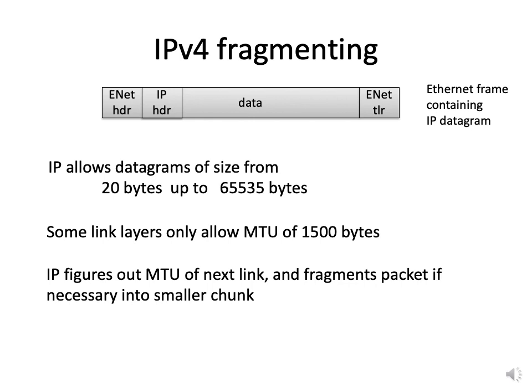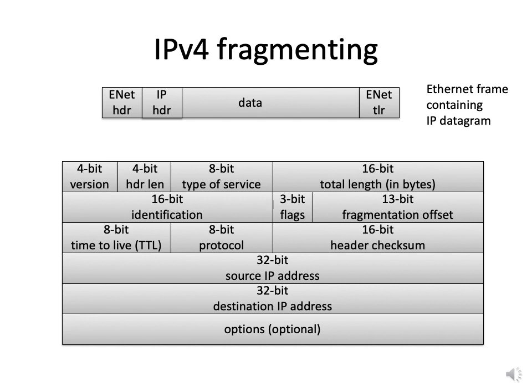An IP packet can be, I believe, up to 64K, because on some networks you might want big packets for efficiency, but then they can be fragmented into smaller packets when they get to a network that can't handle that. This is controlled by bits in the IP header. Here's what the IP header looks like.